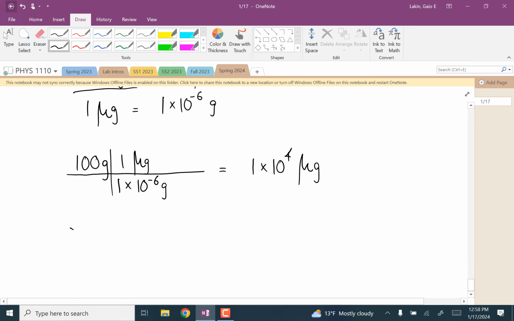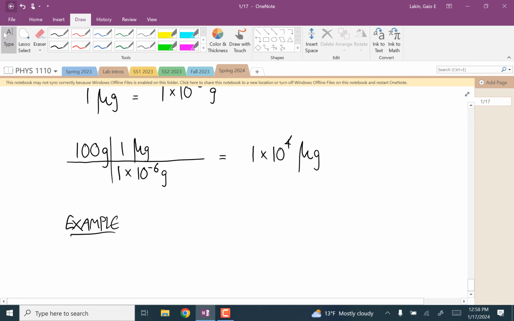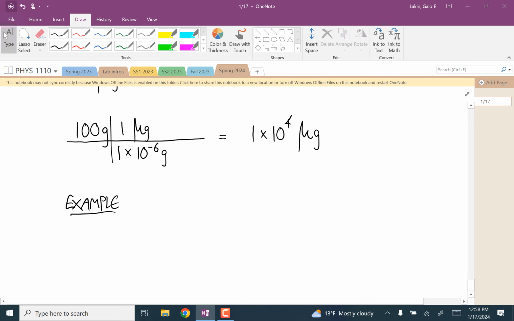Okay, well, then if you have a problem where everything has a prefix, you can just do that in steps. So let's say, how many microseconds are there in a millisecond?